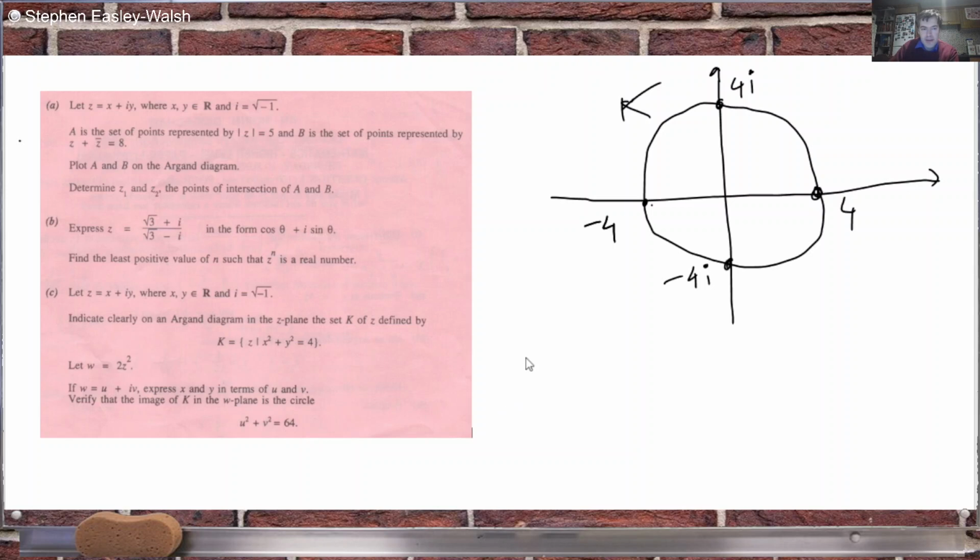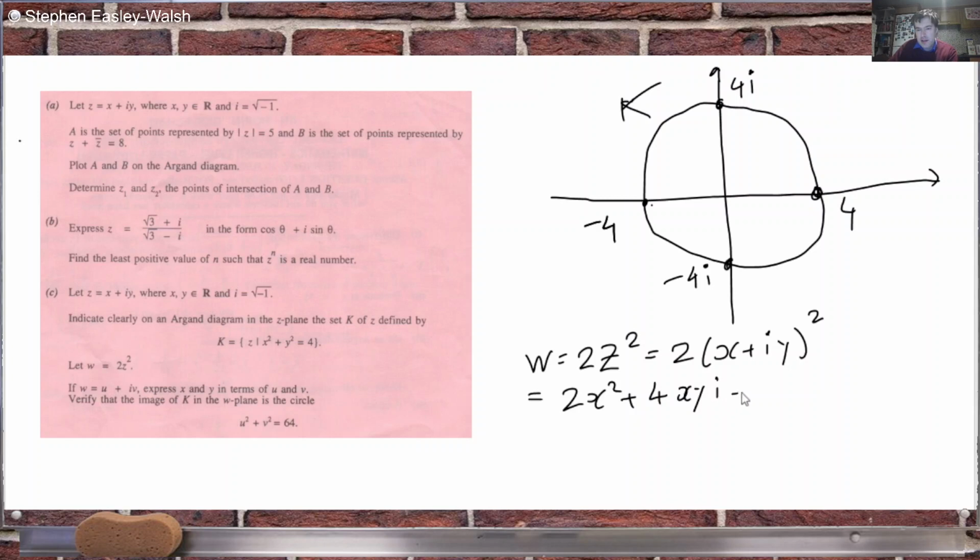Okay, so let's see. w equals 2z squared, which equals 2(x plus iy) squared, which equals 2x squared plus 4xyi plus 2y squared i squared, which equals 2x squared minus 2y squared plus 4xyi.